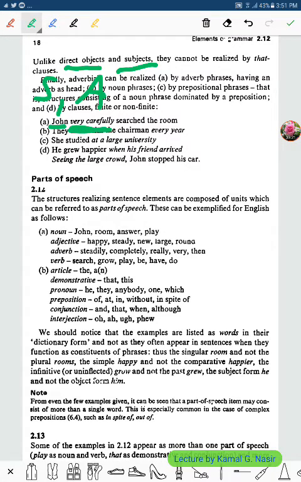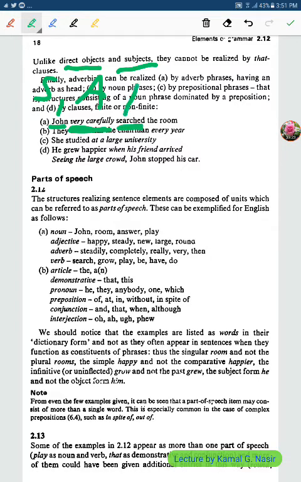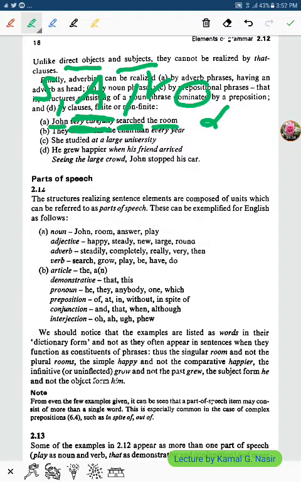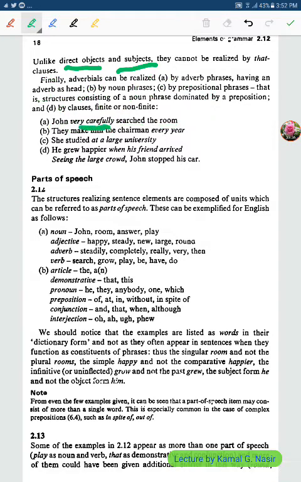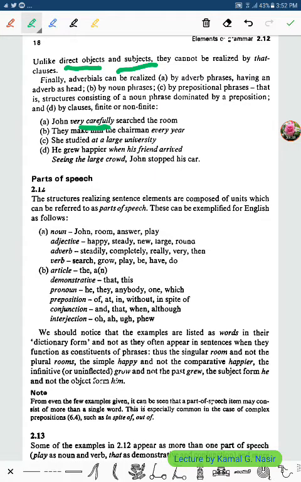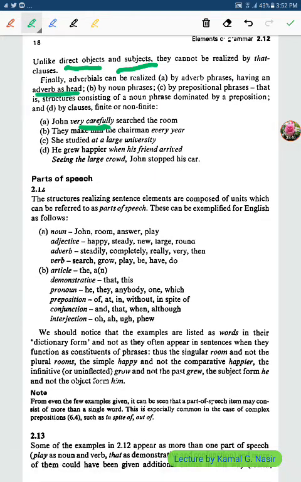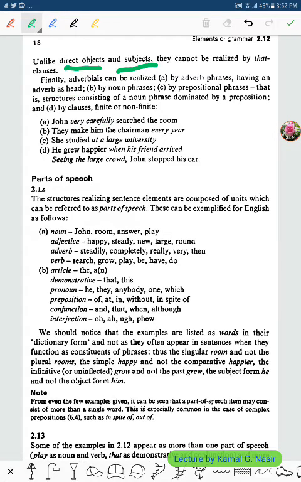Searched is the verb. The room is the direct object. Our job here is the adverbial. Where is the adverbial? Carefully. Carefully is one adverb as a head.